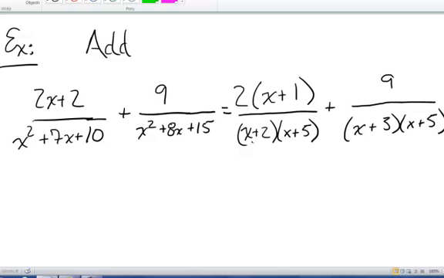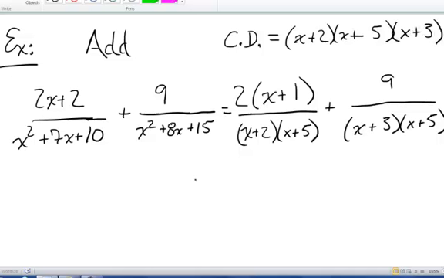Now I've written the denominators in factored form, and from here it's possible to identify the common denominator. Off to the side I'll make note of what that common denominator is. In this case, the common denominator is x plus 2 times x plus 5 times x plus 3.